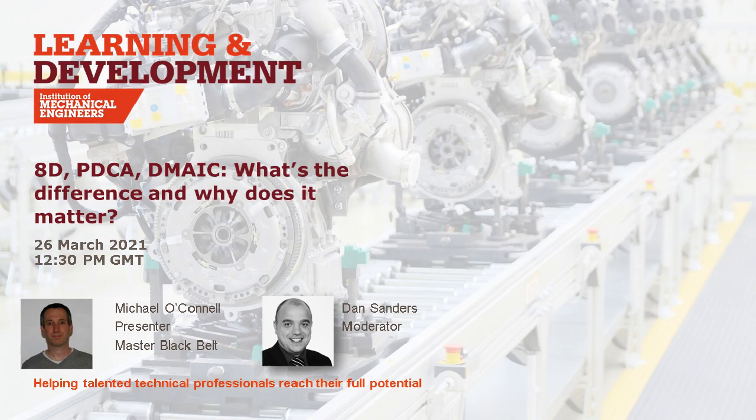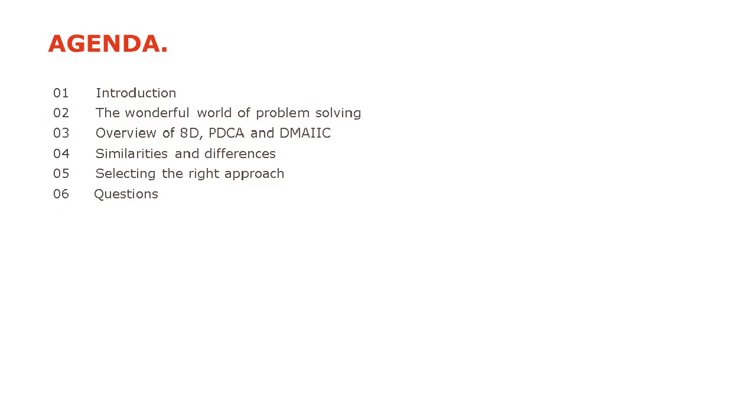So let's have a little look at what we're going to cover today in terms of the agenda. I'd like to give you a little bit of background to problem solving, the things that underpin it and some of the themes.